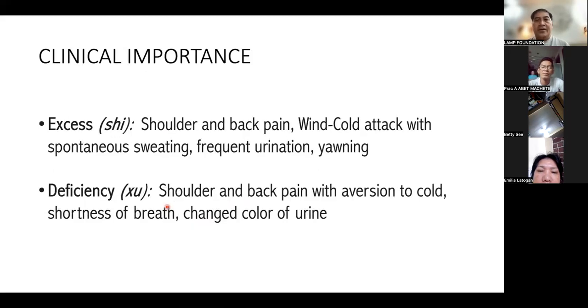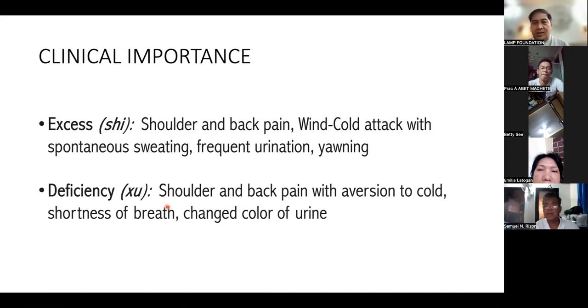Another is to be able to determine between excess and deficiency conditions. If the primary channel is involved, in excess you'll have shoulder and back pain. Also in deficiency, but the cause would be different. In excess, you will have wind cold attack with spontaneous sweating, because the pores no longer close.